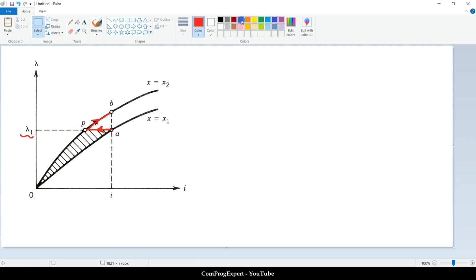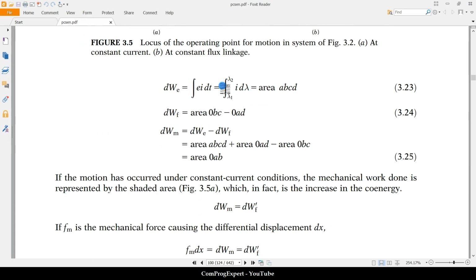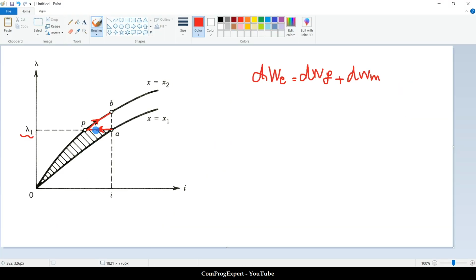If we write the energy balance equation again, dWe equals dWf plus dWm. In this case, dWe is equal to this integral, and we don't have any change in the value of lambda for this trajectory. So the change in the input electrical energy dWe is 0, and dWm is equal to negative dWf.